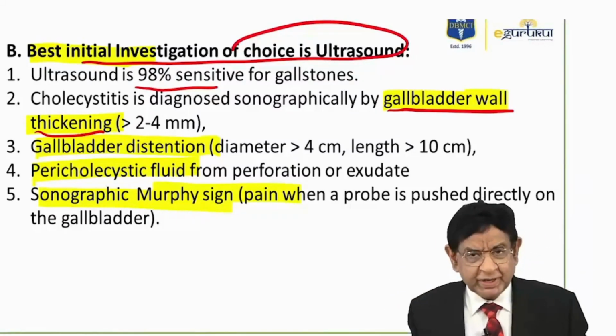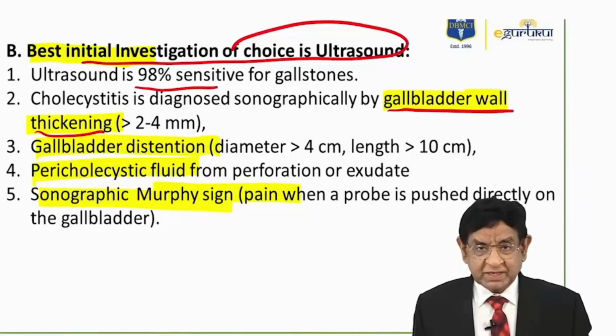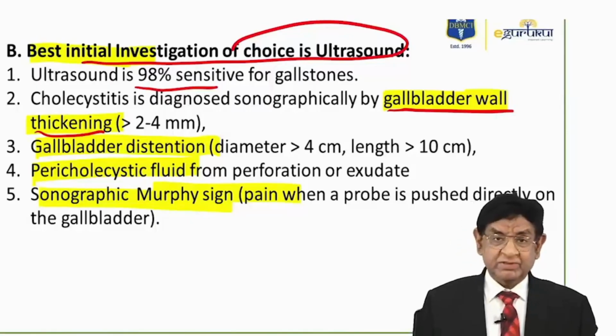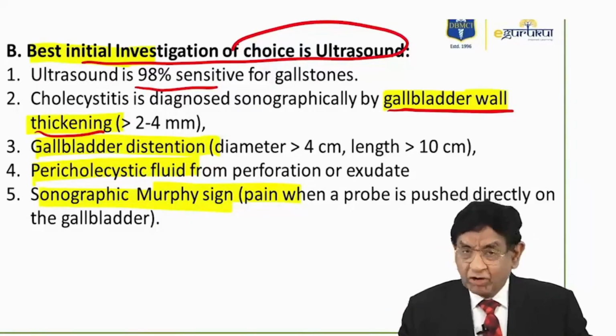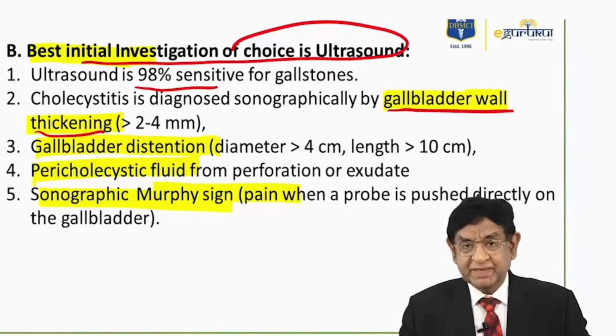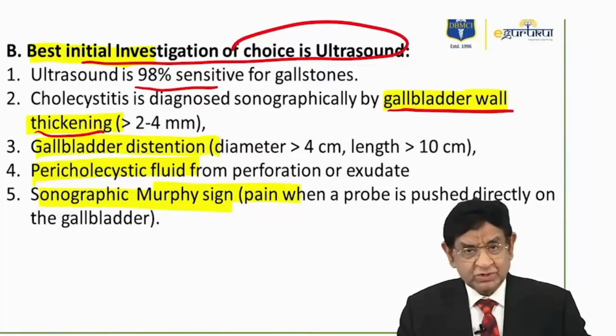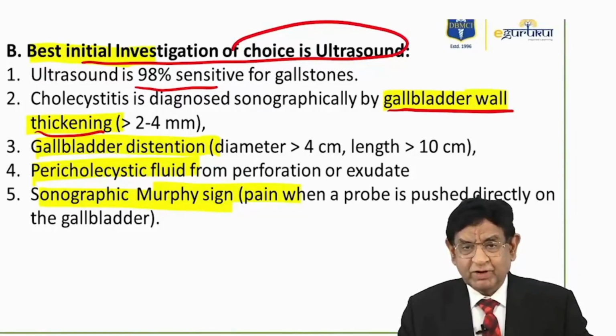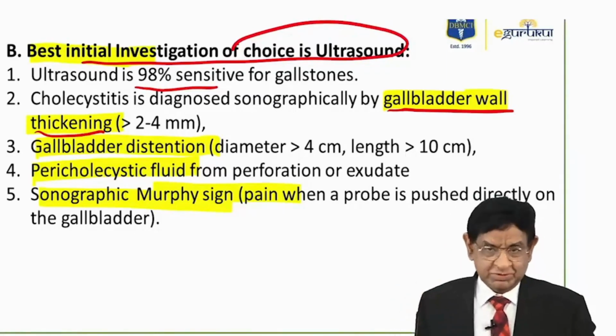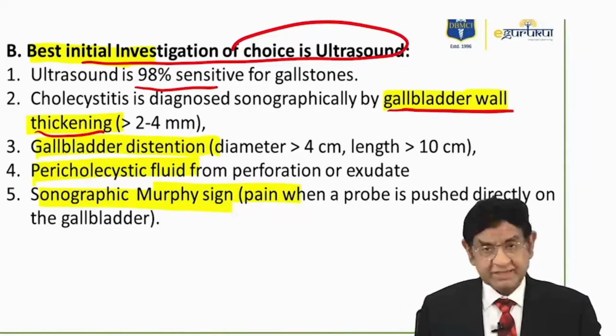I think if you get a chance to actually see the stone on ultrasound, thickening of the gallbladder wall on ultrasound, and the patient jumping with pain on deep inspiration, okay, you being a resident, if you have a patient like this, don't forget to visit the ultrasound room. Ask the patient to show you the stone, thickening of the gallbladder wall, and ask him to elicit Murphy's sign by the probe also. Okay, so this is the keyword.